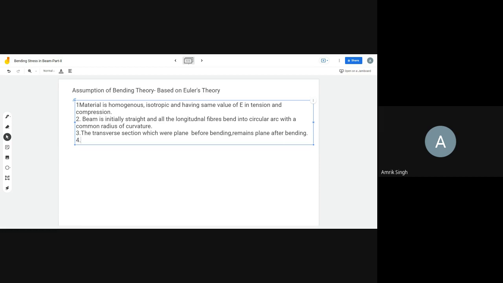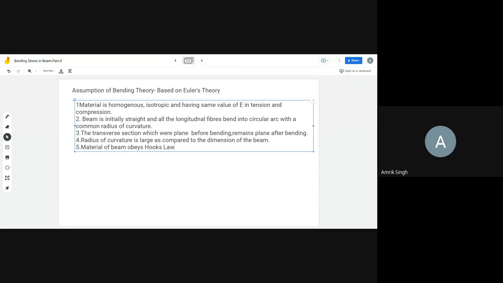Then the fourth assumption is that the radius of curvature R is large as compared to the dimension of the beam, and the material of the beam obeys Hooke's law.